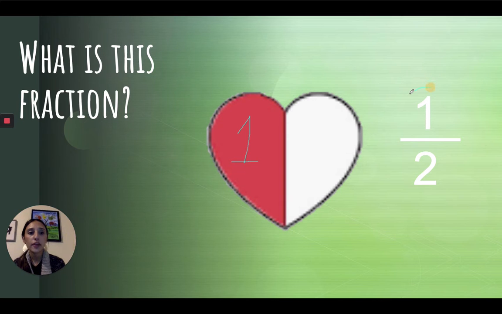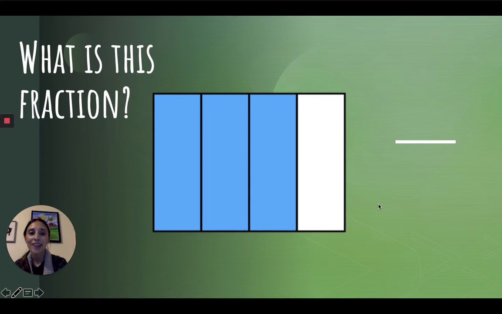So I know that I have one on top, and two make my whole, so my whole goes on the bottom, 2, and I'm going to call this 1/2, okay? If you have half of something, like if I break a cookie in half, or if I slice a banana in half, I have one piece of the half, okay?